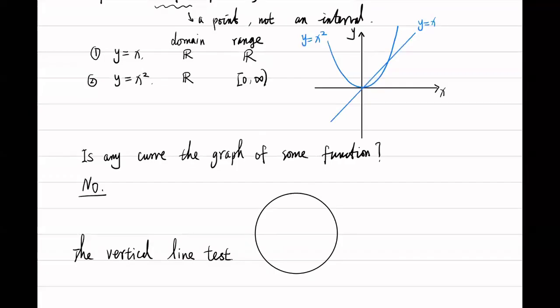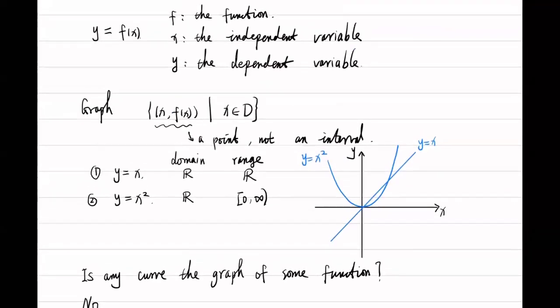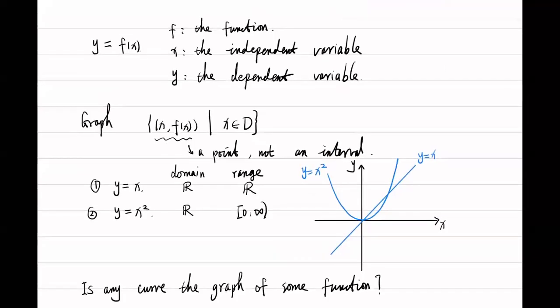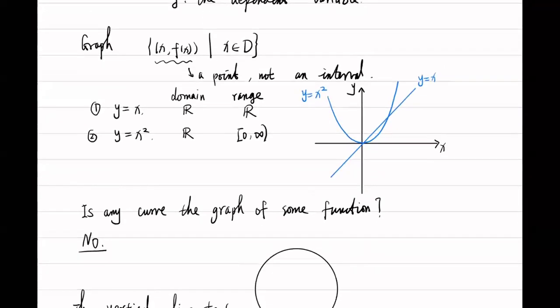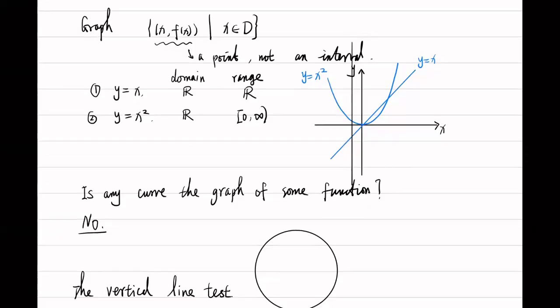But this one, let me see if I can switch this. Oh, she cannot see this. Only I can see it. So if we draw a line, this line intersects the graph at one point, the vertical line test.